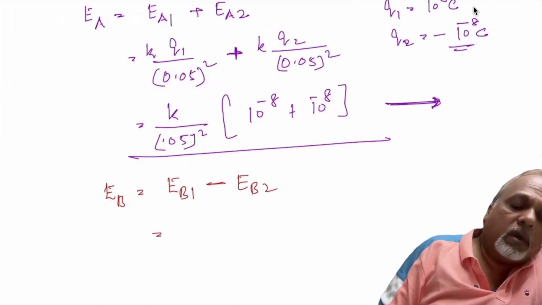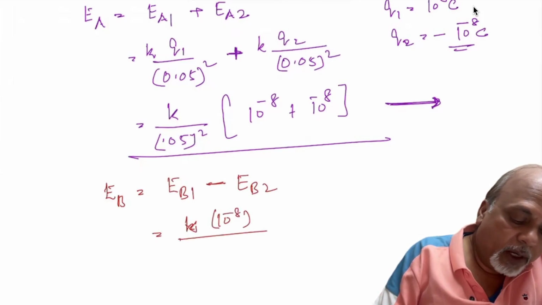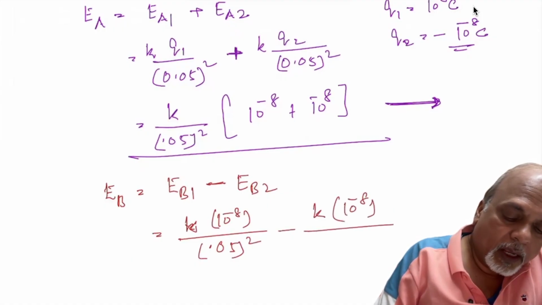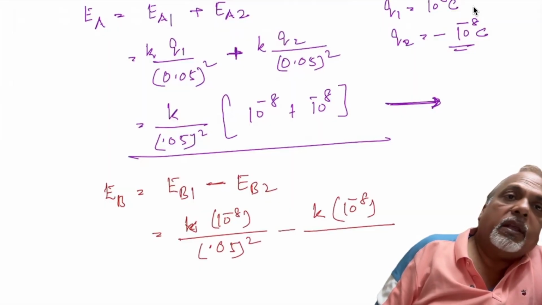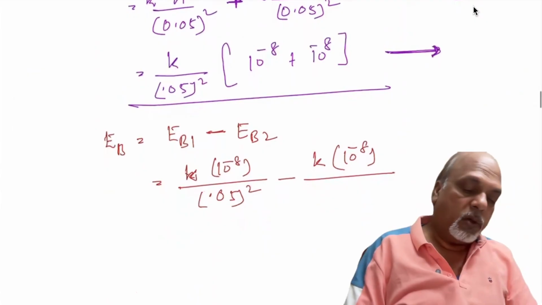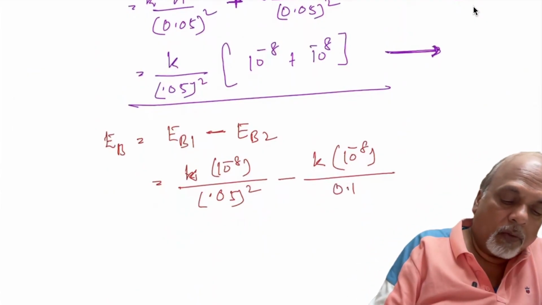And here again, Q is 10 raised to minus 8 divided by this distance, and K 10 raised to minus 8. Here, this distance is basically 0.15, square.